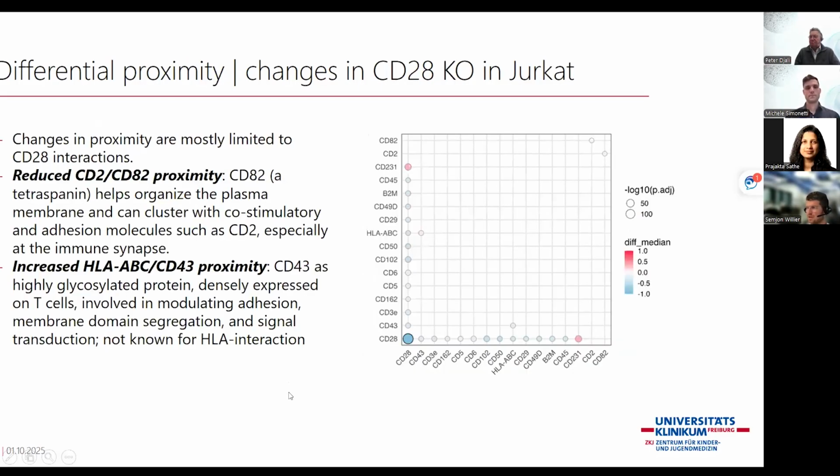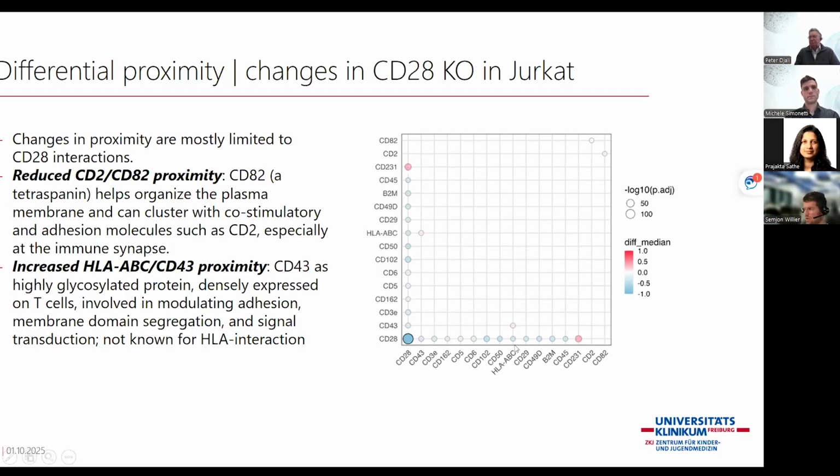Then this was just the abundance, and now we're looking at the differential proximity, or the proxiome, of these cells. You will appreciate in this plot that only those top 15 markers are shown that are showing differential proximity out of the 155, and you can easily see that most of the proximities that are changed are proximities that incorporate CD28.